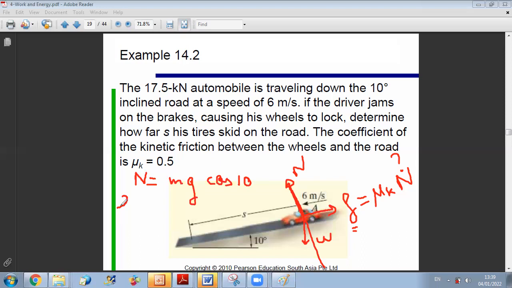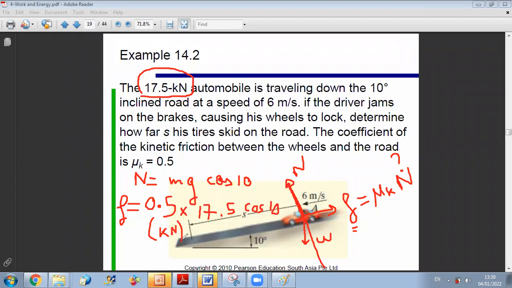So my friction force F is equal to mu k, which is 0.5, times mg. The weight is given already, the weight of the car, 17.5, times cosine 10. Now you can calculate the magnitude of your friction, and the value is in kilonewton because the weight is given in kilonewton.